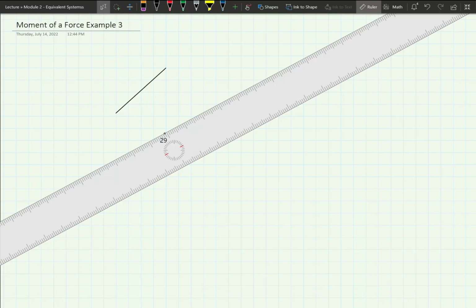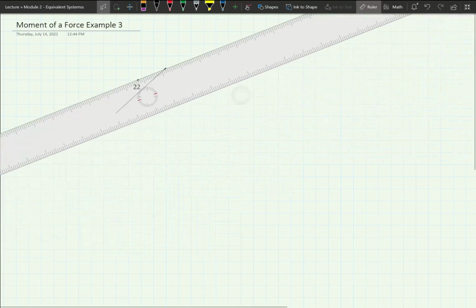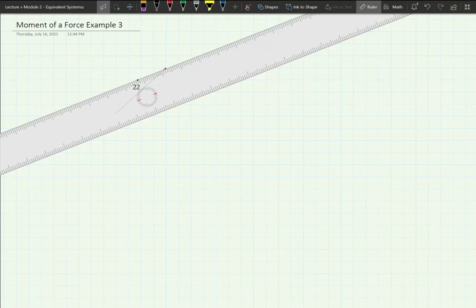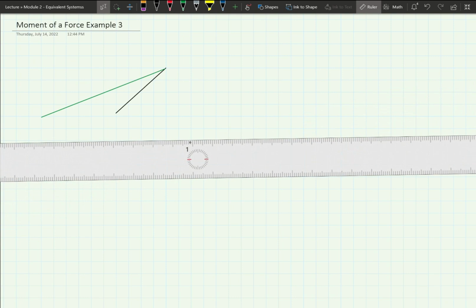We have this, and then I'm going to do this, and we'll put this in green because this is a cable, if I remember right on this problem, out to here. All right, and it is this.